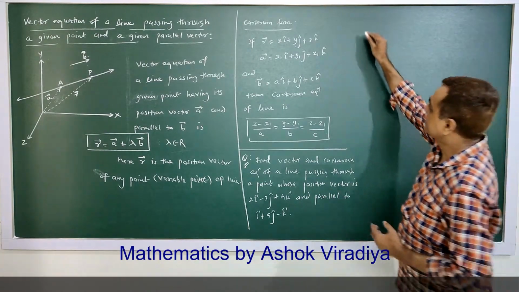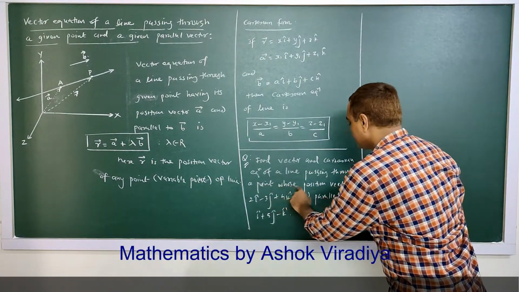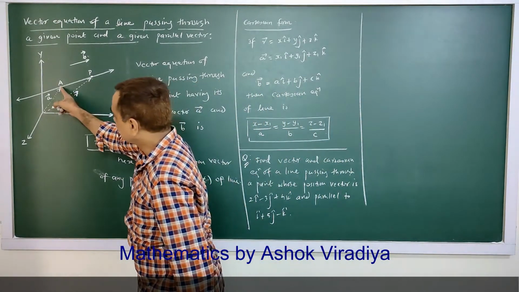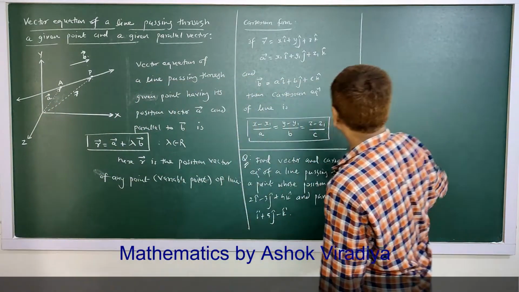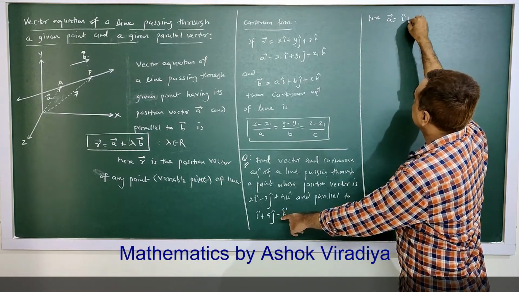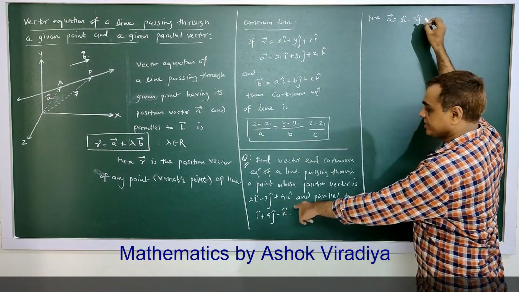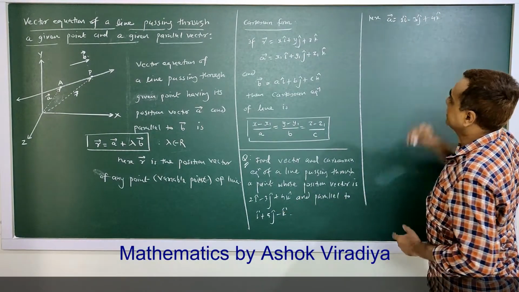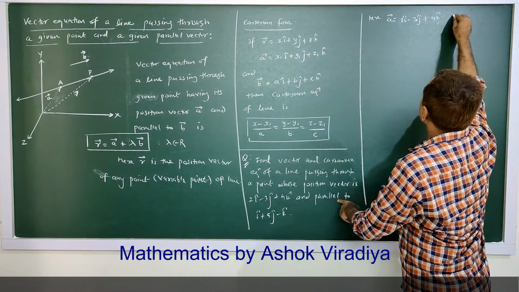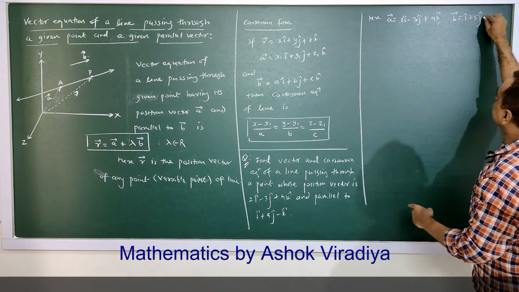So we apply this formula. The line is passing through a point whose position vector is this vector, so this is vector A. Here vector A is 2i minus 3j plus 4k. The line is parallel to vector B. Vector B is i plus 5j minus k.